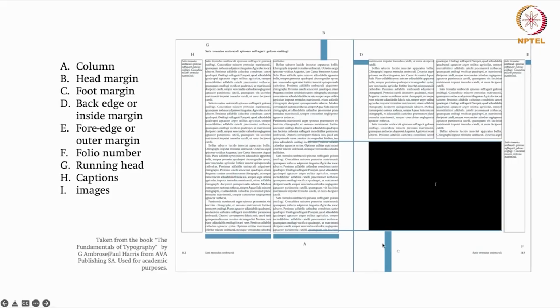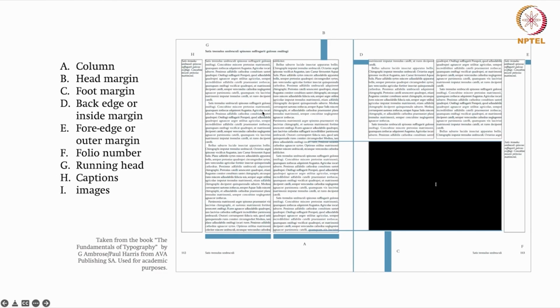So if you look into this grid, the areas have been highlighted with blue. For example, this is the foot margin, this is the back edge or inside margin, this is the space, this is the head margin. Then you have columns, a thin and a thick column.